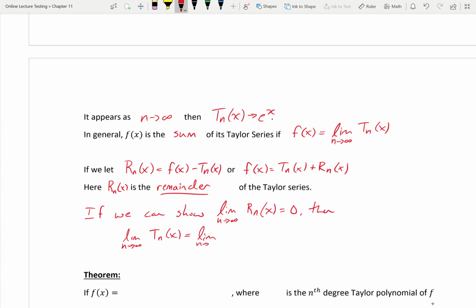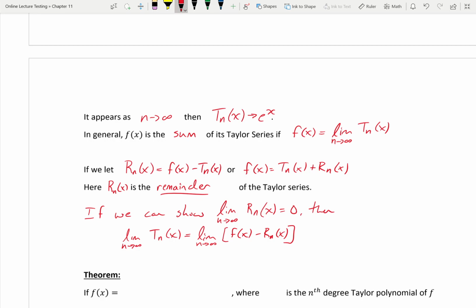And here this is just doing some algebraic manipulation. Again, the Taylor polynomial, if we rewrote this, is equal to f of x minus the remainder, which is just, again, the remainder is f of x minus the Taylor polynomial.